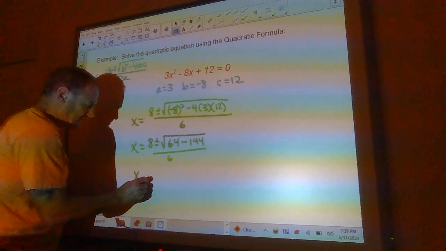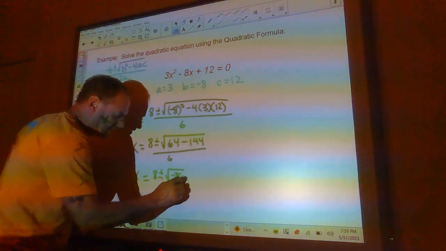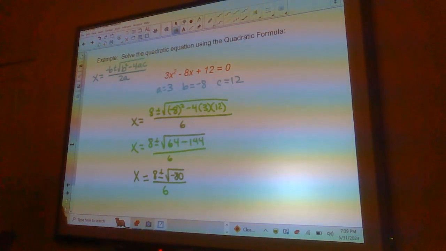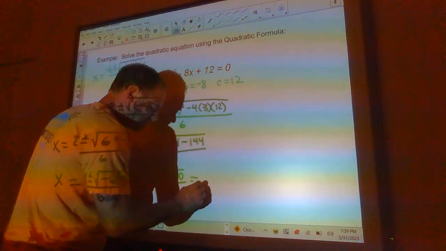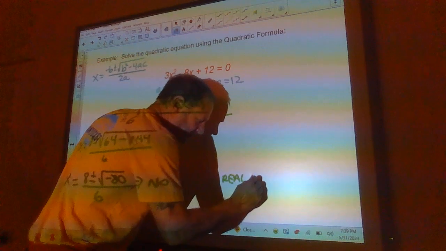So x is going to equal 8 plus or minus the square root of negative 80 over 6. So that tells me it's got imaginary solutions. And at this point today, we're done. So we would just say this implies it has no real solutions.